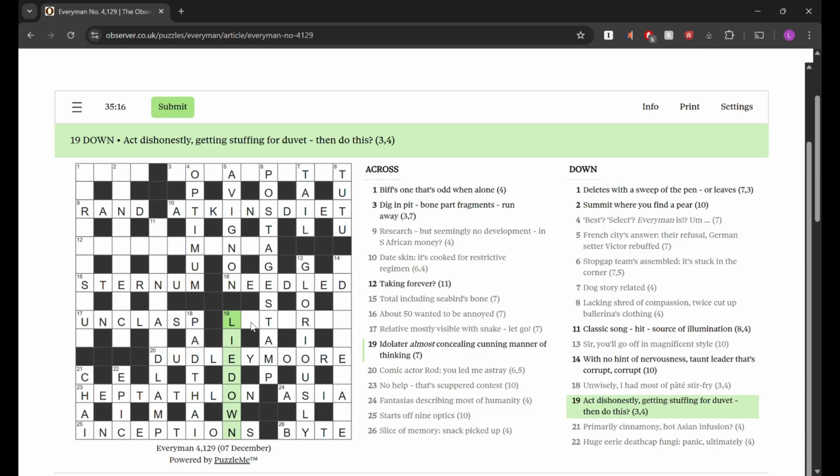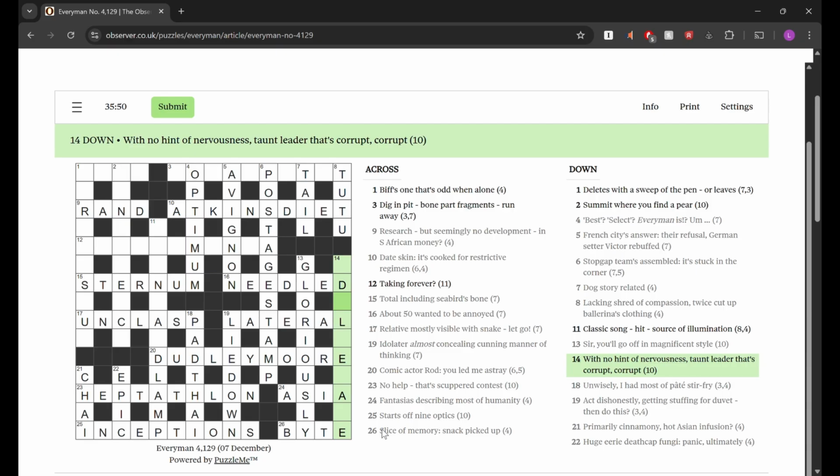I mean, then do this, I guess. If you get your duvet ready, you lie down. I mean, you got lateral. Okay, so it's a hidden clue. Hidden, yeah. So, idolater almost, that conceals a cunning manner of thinking. Lateral thinking. Okay. Didn't do much lateral thinking there until it was very obvious.